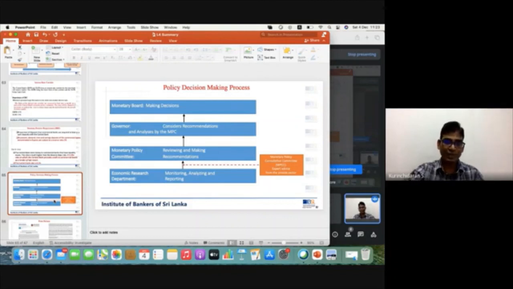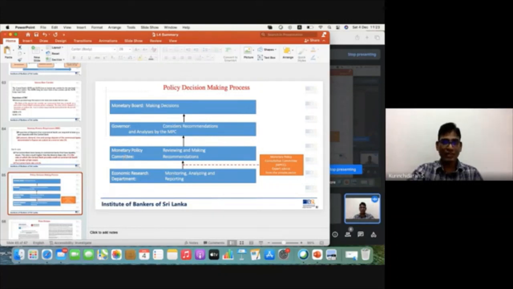If you go from bottom to top, in the central bank you have a department called the Economic Research Department. Their job is to collect all the data and variables, analyze them, do the research, and always update their findings to the Monetary Policy Committee. We call it MPC.